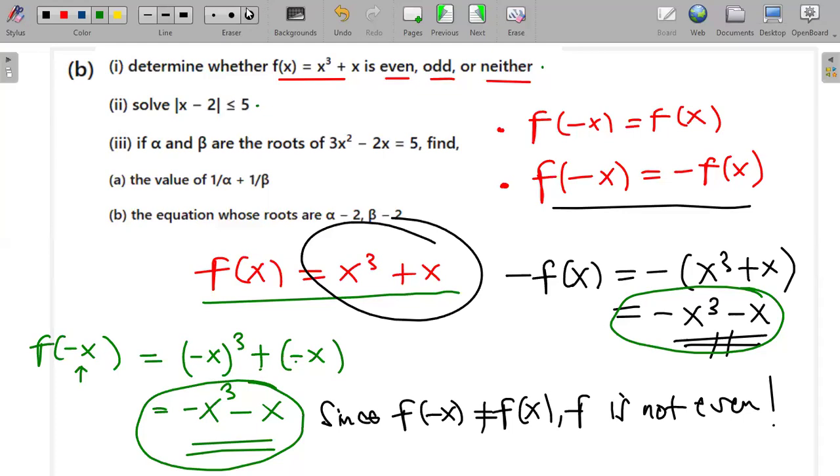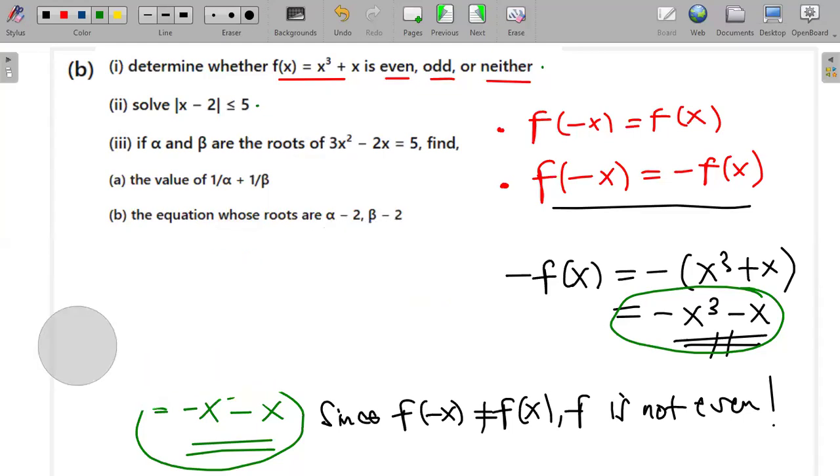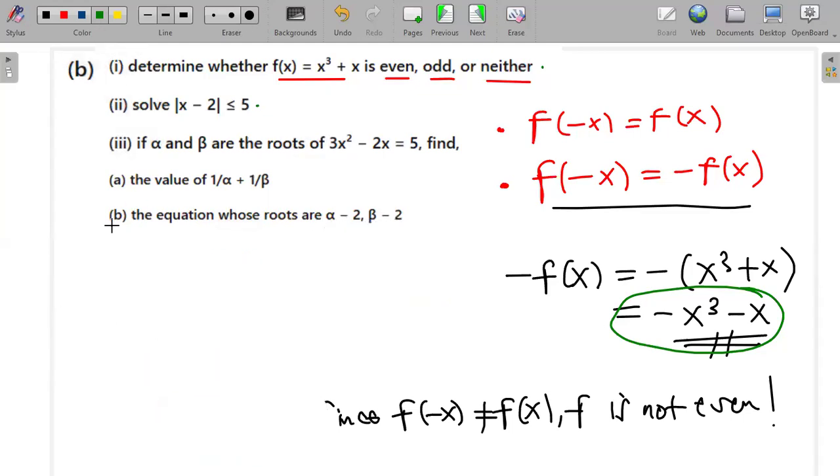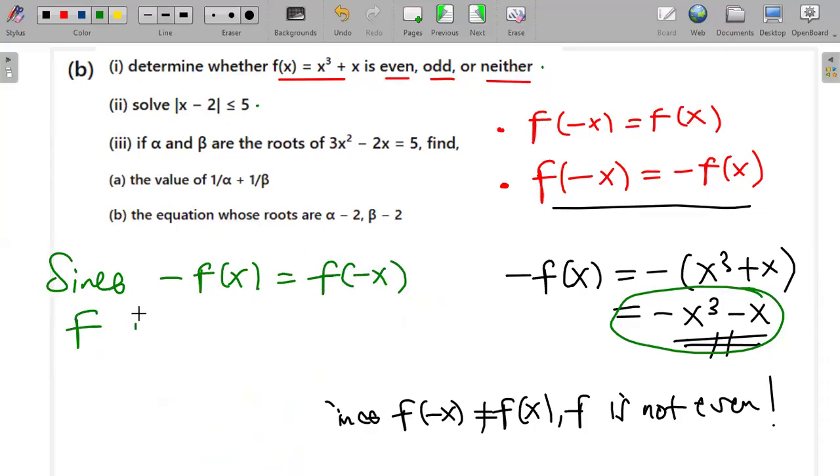Since they are the same, we are going to conclude that the function is odd. So since minus f of x equals f of minus x, f is an odd function. Right, so that's what we do there.